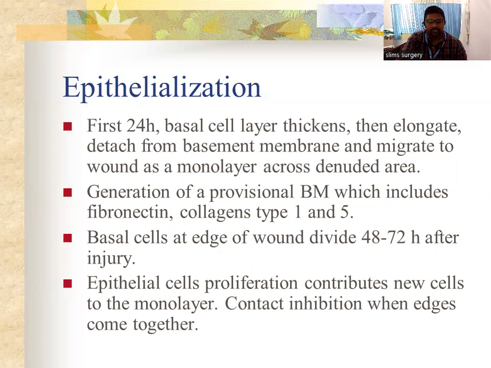A provisional basement membrane is generated, which includes fibronectin and collagens of type 1 and type 5. Basal cells at the edge of the wound divide 48 to 72 hours after injury. The epithelial cell proliferation contributes new cells to the monolayer, then contact inhibition occurs when the edges come together. These are the changes you can see in the normal incisional wound, that is an iatrogenic wound.